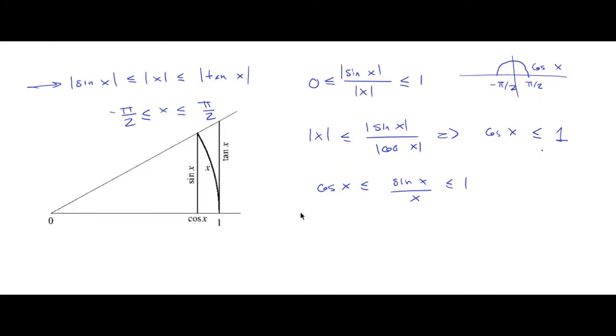So let's see. Now we have again epsilon sub n, a sequence that converges to 0. Then we have the sine of epsilon sub n is smaller or equal than epsilon sub n.